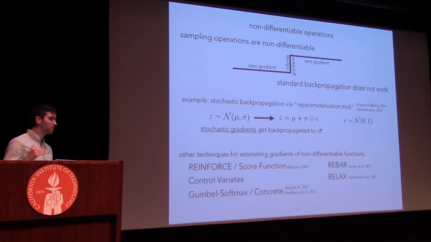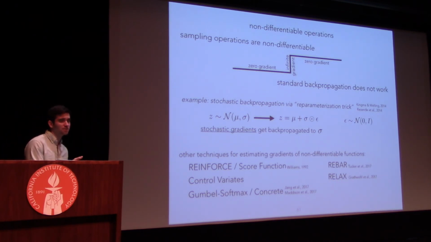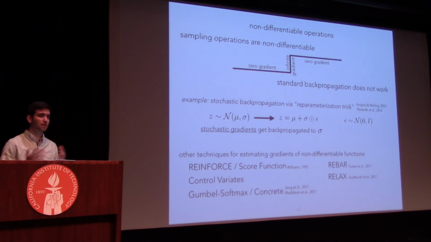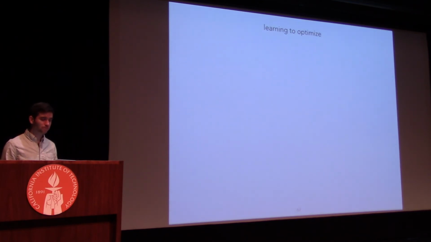And there's a bunch of more recent work in this area that has shown how you would try to estimate these gradients. And it really boils down to a bias-variance kind of decomposition, where you want to have an unbiased estimator of the gradient that has a low variance. And that's essentially what people are trying to come up with.